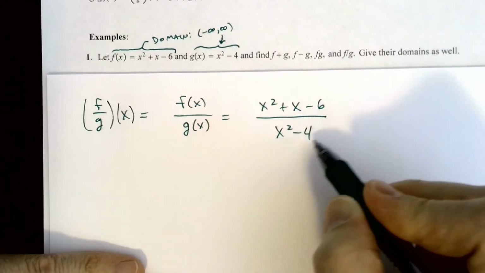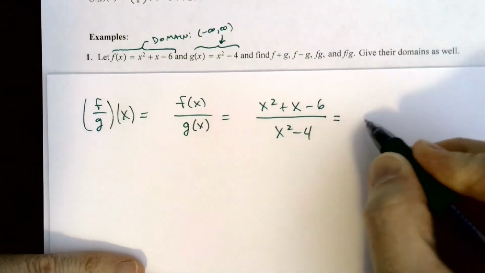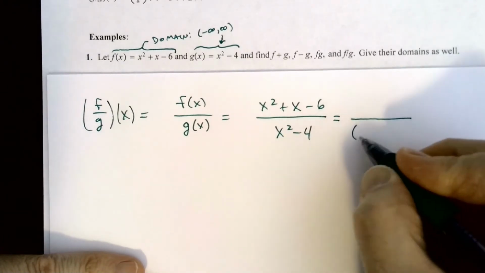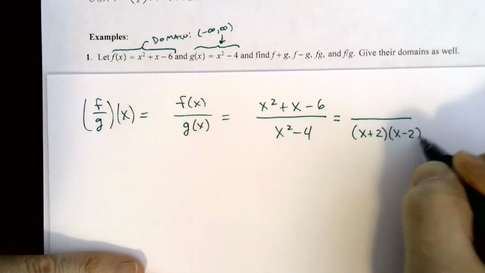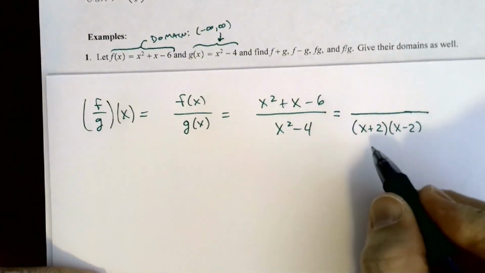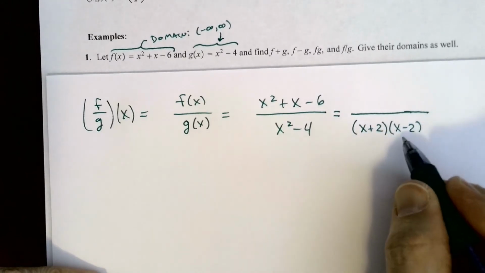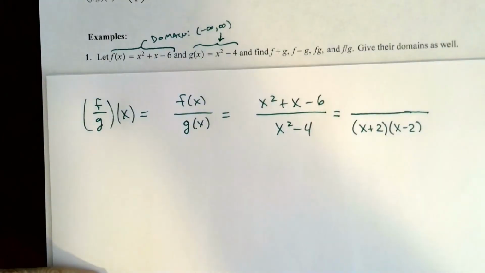In other words, what are the zeros of this polynomial down here? Well, we can factor that, and let me go ahead and do that. That's just the difference of squares, right? X plus 2, x minus 2. Okay. And so right away we can see the domain cannot include what two values of x? Negative 2 and positive 2, right? Because we would be dividing by 0. So the domain would be all real numbers except for those. All right.